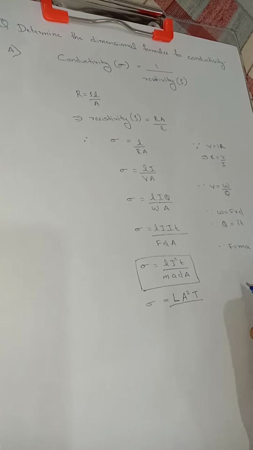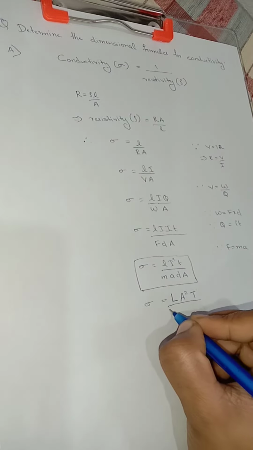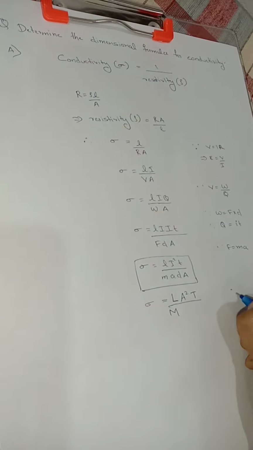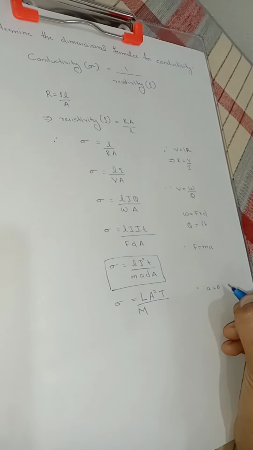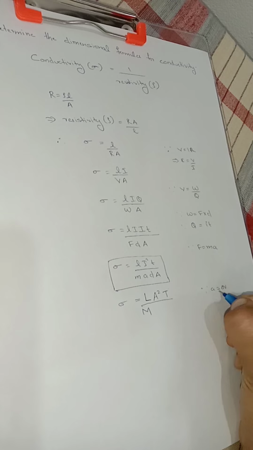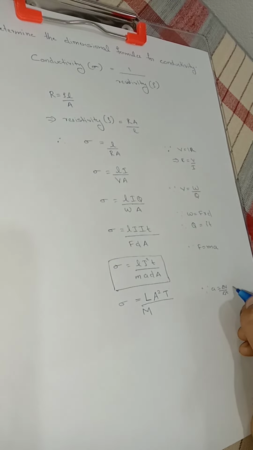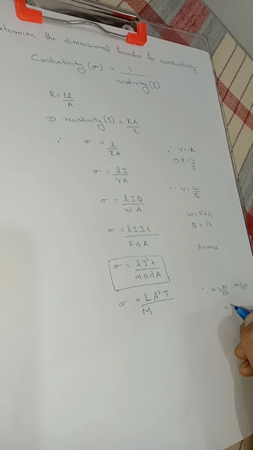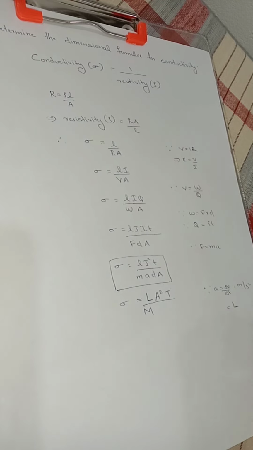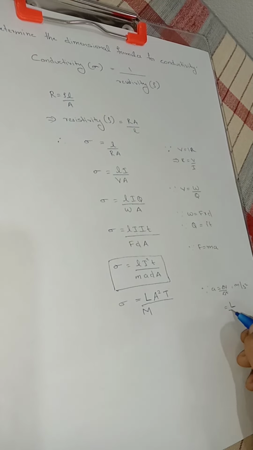Mass is represented in dimension as M. Acceleration is equal to change in velocity by change in time, and its unit is meter per second square. Meter in dimension is L, and second square is T square.